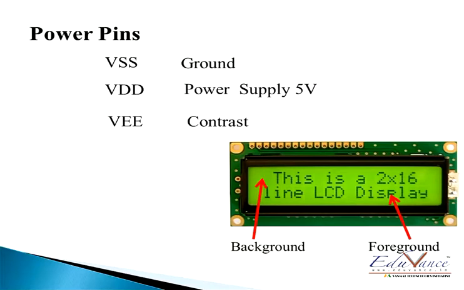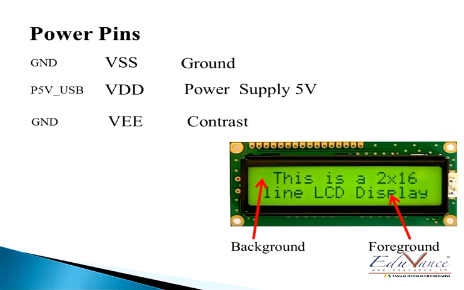The VEE pin determines how much the contrast should be, how much the difference should be between the background and foreground. Usually it is connected to a pot, a potentiometer, whose one end is connected to ground and the other to VDD. But now we are going to connect VEE to ground, because connecting VEE to ground means full contrast.